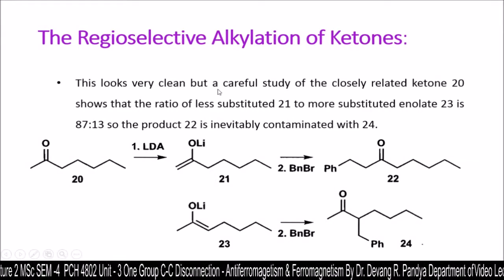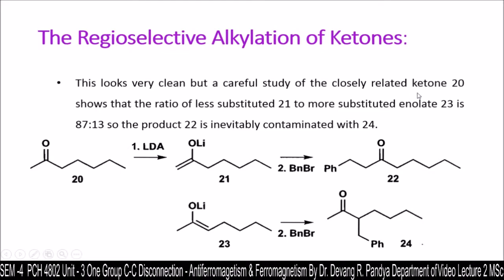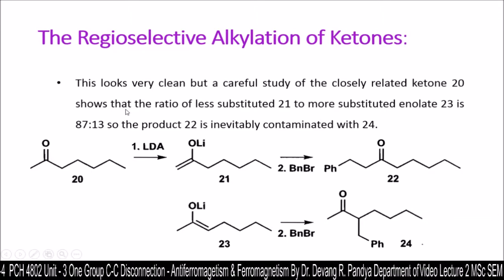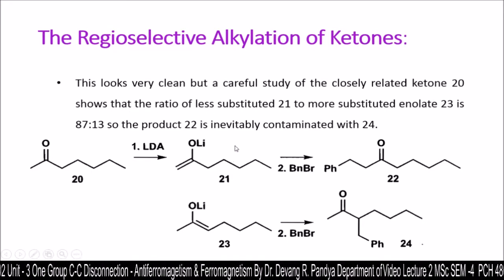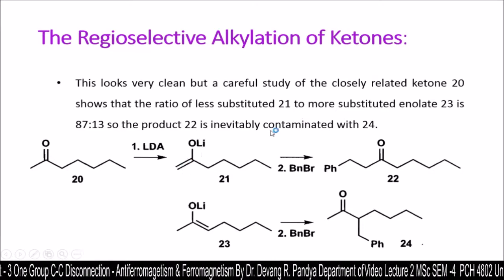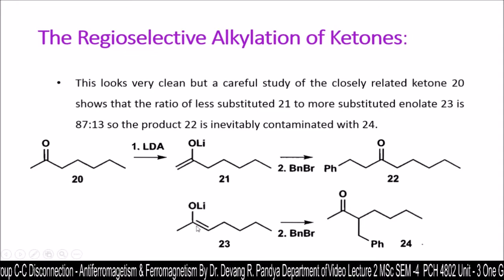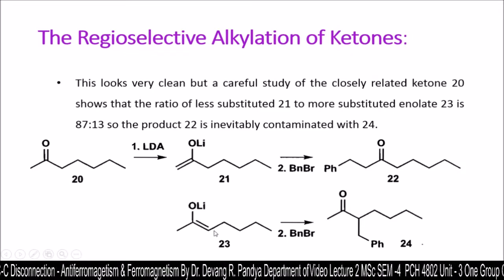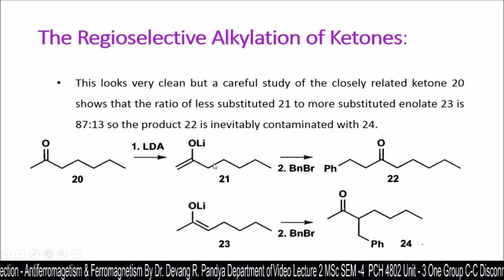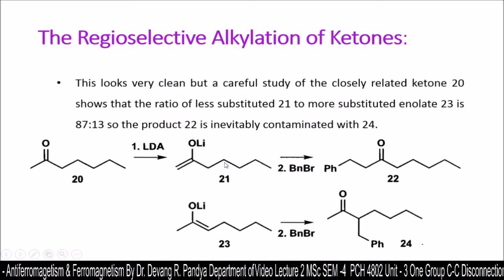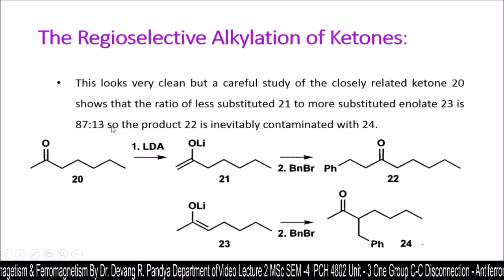This looks very clean, but a careful study of the closely related ketone, that is structure 20, shows that the ratio of less substituted enolate 21, on this side, to more substituted enolate 23, on that side, where the double bond is shifted, is 87 to 13.